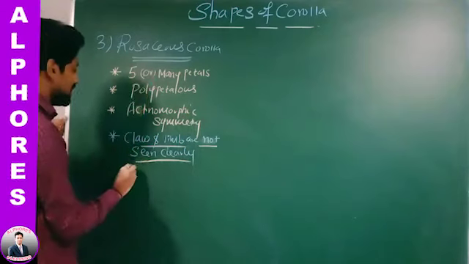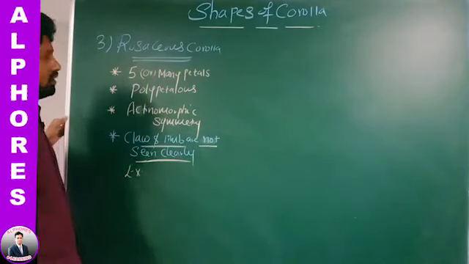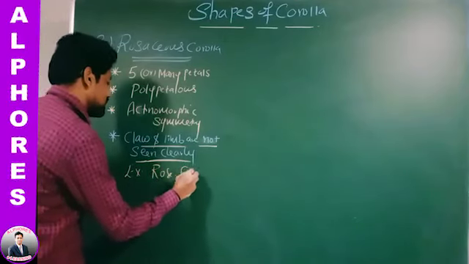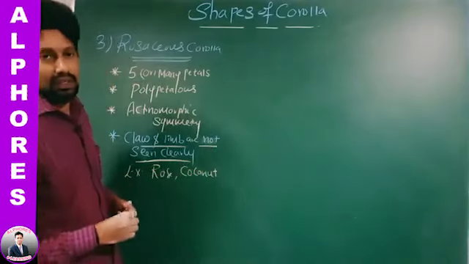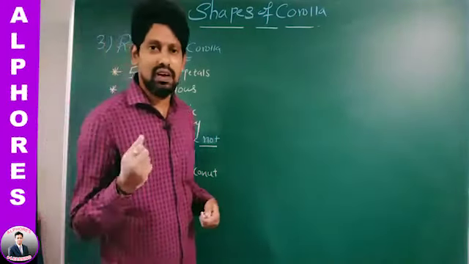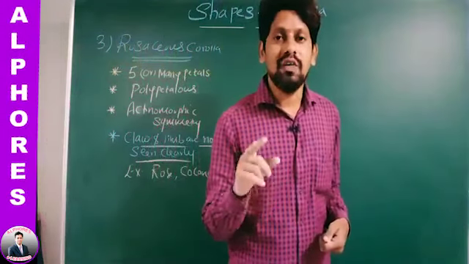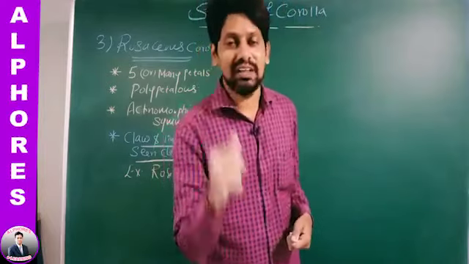For rosaceous corolla, I am writing examples. First one is rose, second one is coconut. Have you seen a rose flower? In a rose flower, overlapping of petals is seen. One petal overlaps another petal.